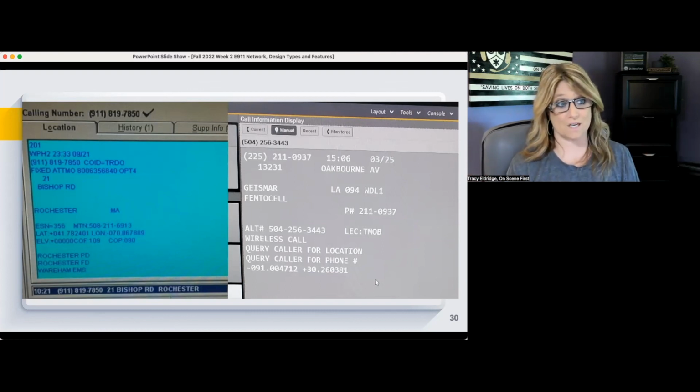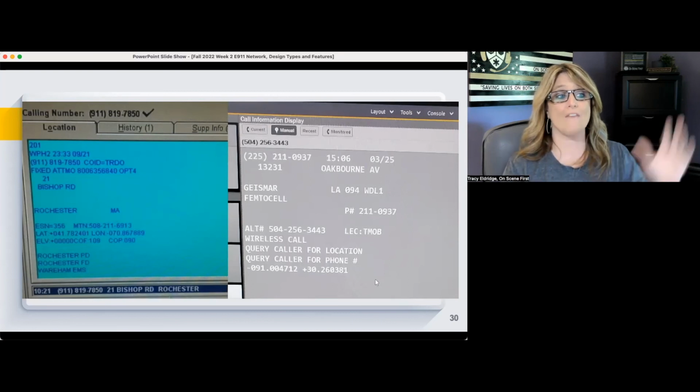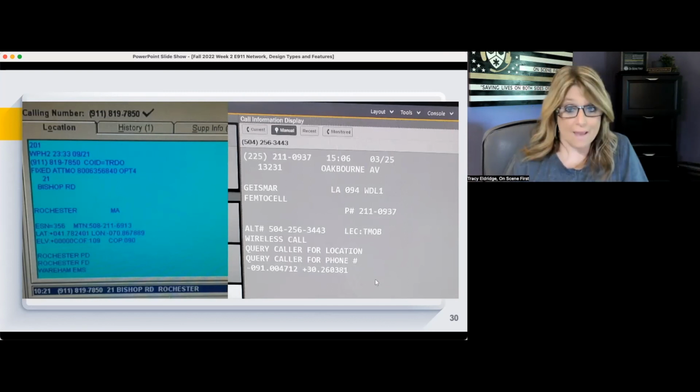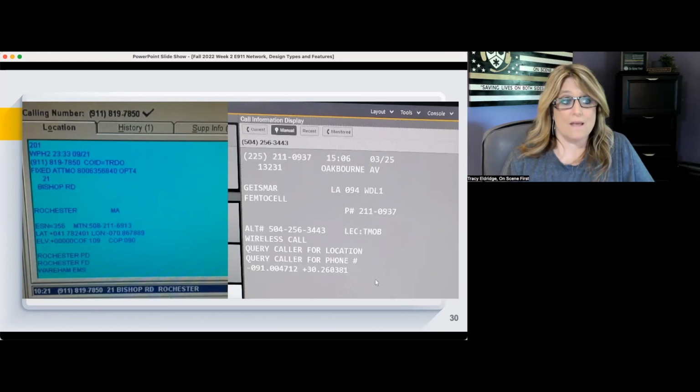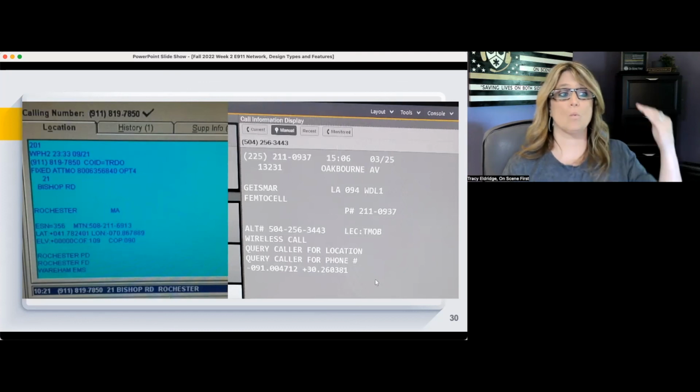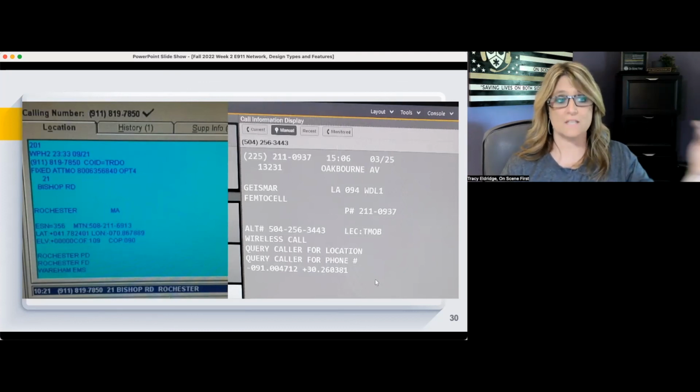my 911 center as a wireless Phase 2 call, when in reality it was not a wireless Phase 2 call, but it was identifying that because it had gone through a fixed AT&T MO, which was a microcell. And the only reason why we knew this is because I know that the address listed there on the ALI, based on wireless Phase 2 capabilities, should be a tower address.